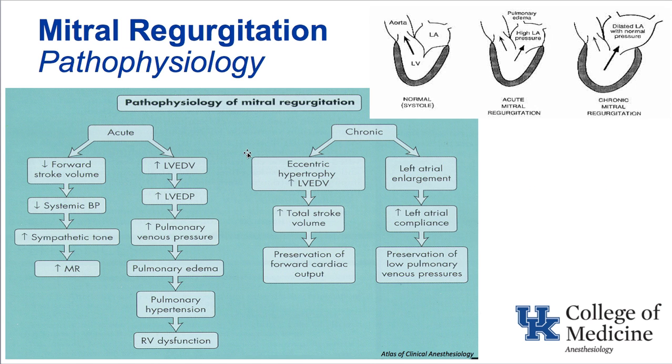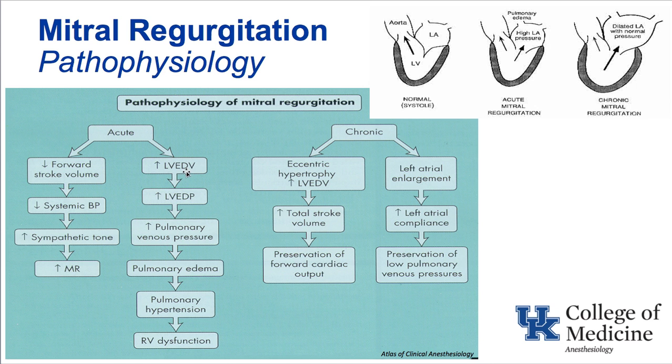The pathophysiology is discussed here, whether it's acute or chronic. And let's do acute first. You have a sudden disruption of a papillary muscle or a chordae tendineae. Forward stroke volume goes down, backward stroke volume goes up, so they're going to be hypotensive, and their body responds with high sympathetic tone.